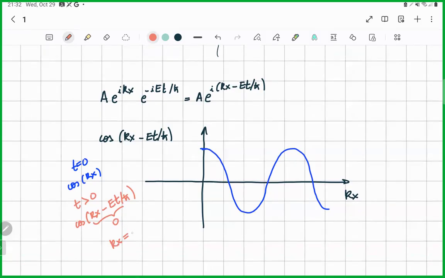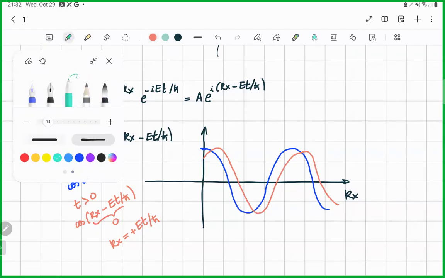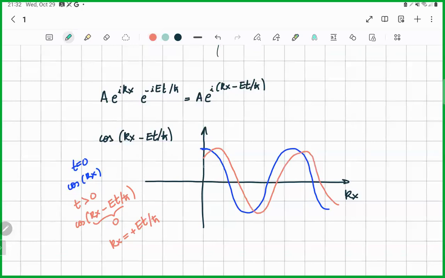It's not at 0, but at Et over h bar. So it gets shifted. If I make the same plot, you will see that it is shifted to the right. And if you look at a time even later than this time that we picked, you will see our function. So what we see is that the function is moving to the right.